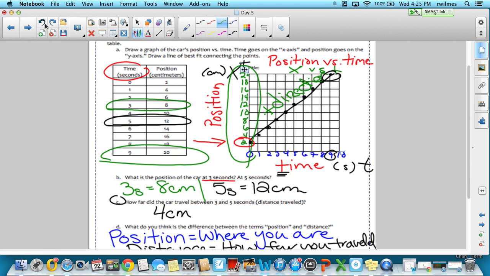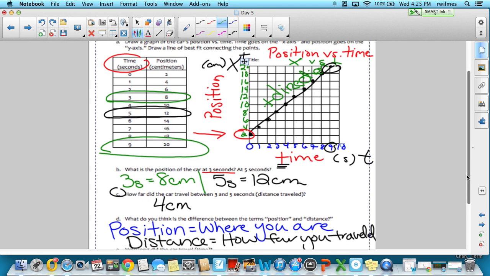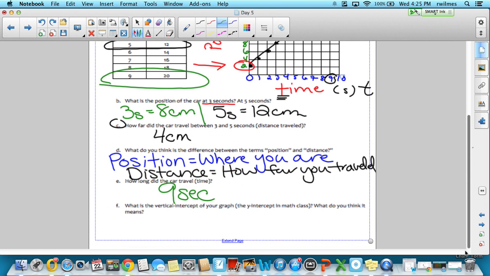Where does it intercept at? It intercepts at 2 centimeters. So what is it telling us? Wherever your vertical intercept is, that's where your initial position is going to be of your car, or whatever it is you're talking about. So 2 centimeters is telling us that this is my initial position.